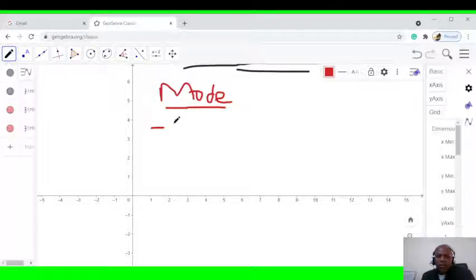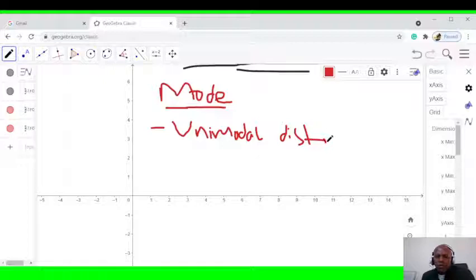In this case, we will talk of a unimodal distribution. That is whenever you have a data set and there is only one value that has the highest number of frequency, then it's unimodal.